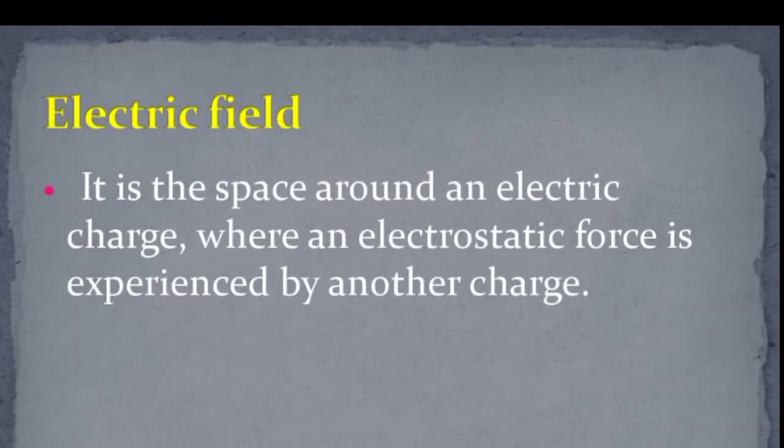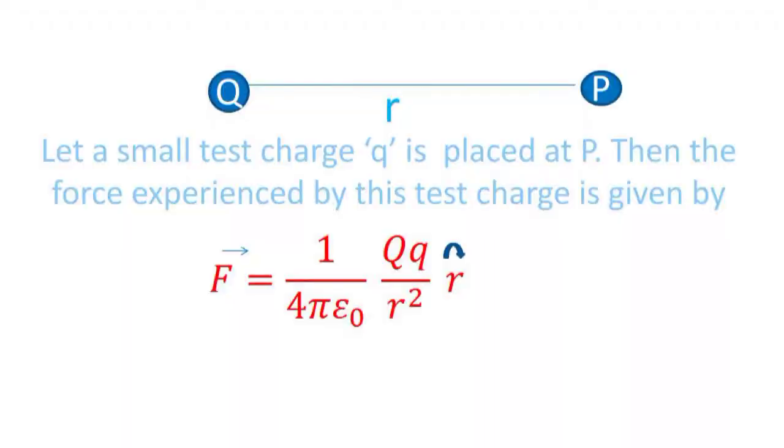Electric field. It is the space around an electric charge where an electrostatic force is experienced by another charge. Let Q be the charge and P be the point. R is the distance between Q and P. Let a small test charge, small letter q, be placed at that point P. Then the force experienced by this test charge is given by F is equal to 1 by 4 pi epsilon 0 into capital Q into small q divided by R square into R cap.